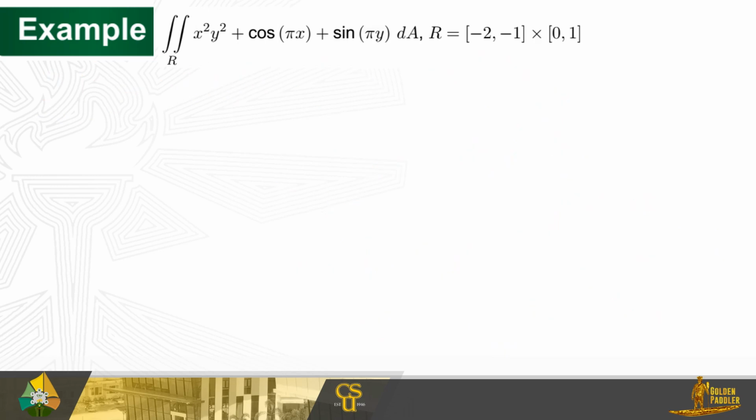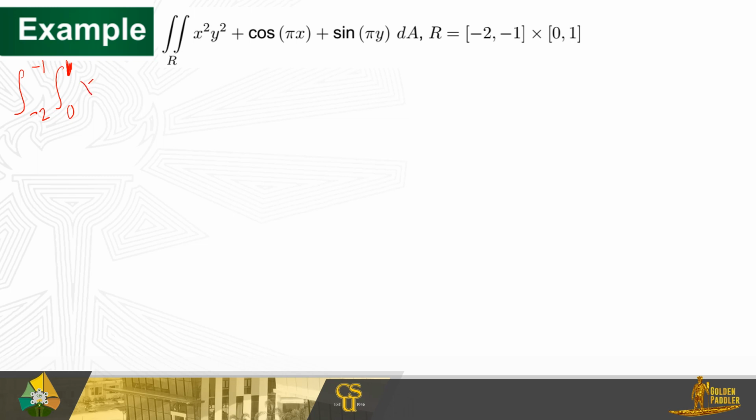Okay, so mag-integrate na naman tayo with this. First is from -2 to -1. So that means uunahin natin pag-integrate ang ating integral with respect to y, from 0 to 1.